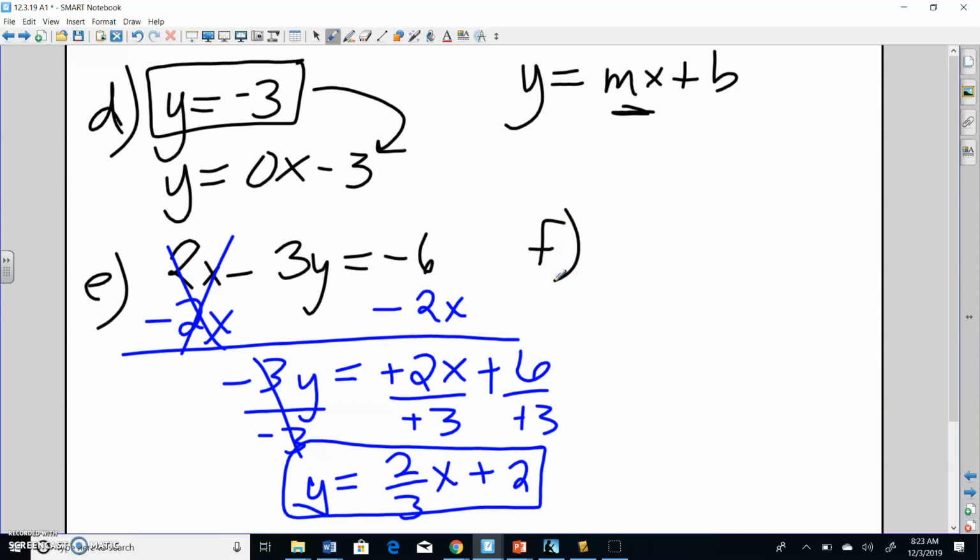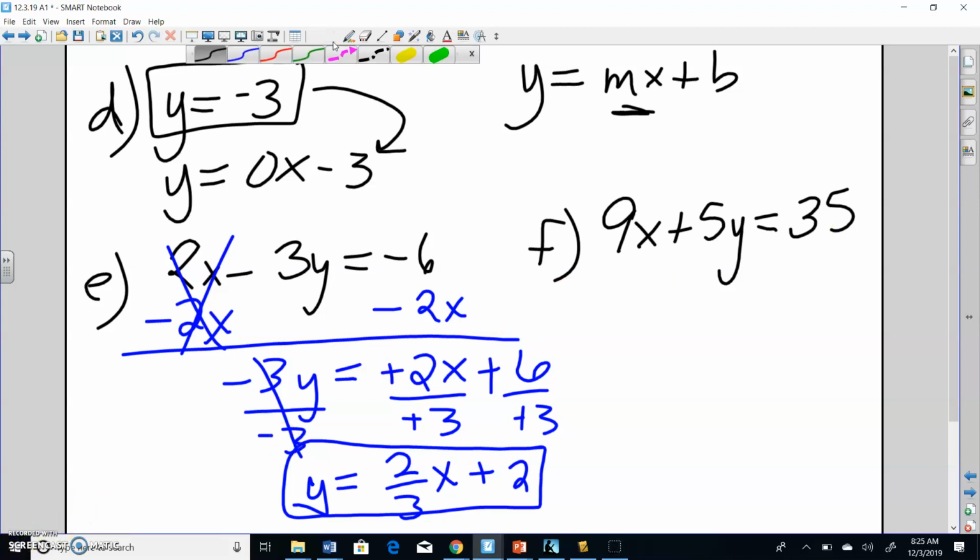And it will be 9x plus 5y equals 35. Subtract 9x, you said?